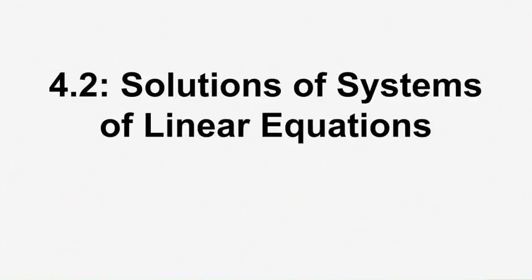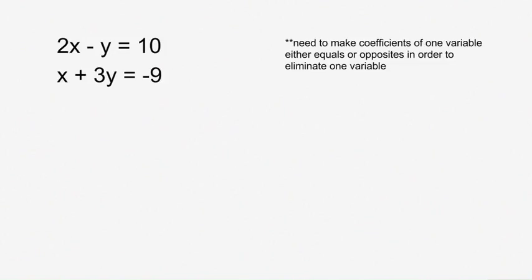Chapter 4.2 is on actually solving systems of linear equations. If we look at our same example, you have 2x minus y equals negative 10 and x plus 3y equals negative 9. In order to solve this system, you need to make the coefficients of one variable either equal to each other or opposite, so that you can either add or subtract the two equations and eliminate that one variable.